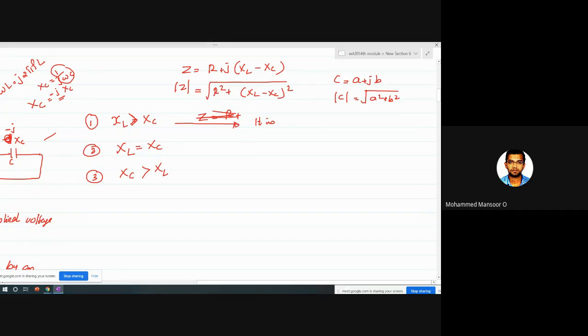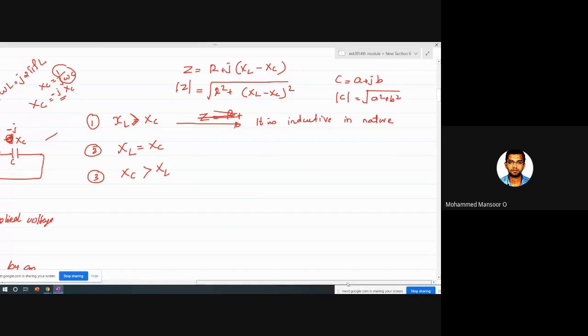When we are considering net reactance, the major component is the contribution of inductance. Therefore, the circuit is inductive in nature. Is the point clear? The point is clear. The circuit is inductive in nature. Why?